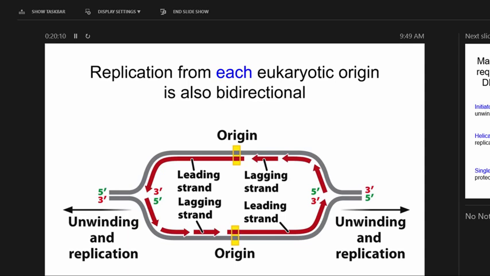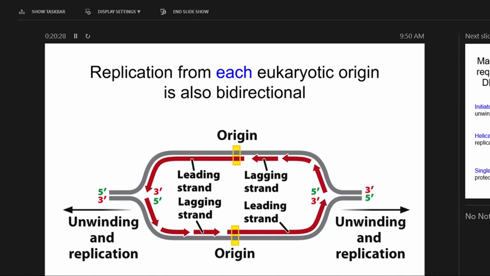So in the same replication bubble, on both sides of the origin, the 5 prime to 3 prime polarity is the same on both sides of the origin of replication.